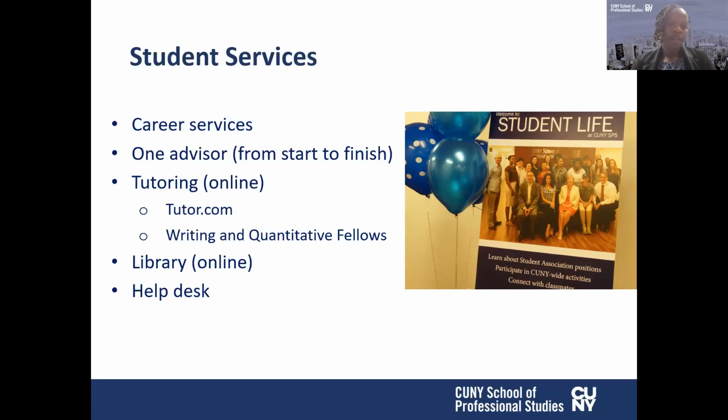And we also have something that I didn't add here called a care team. If you're having any issues besides your education, there is a care team at CUNY SPS you can actually talk to, whether it's something going on at home or anything you want to discuss besides your classes.